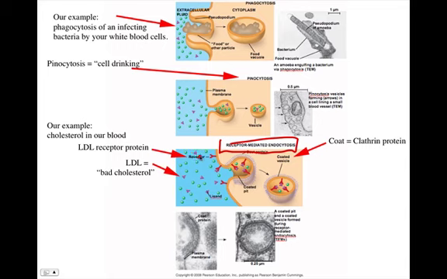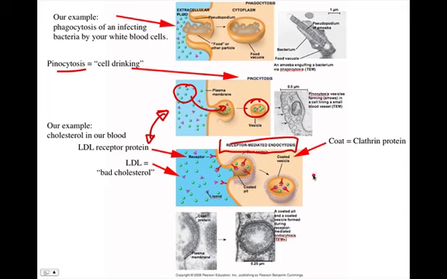It's to be contrasted a little bit with pinocytosis, where pinocytosis is just kind of randomly grabbing stuff out of the extracellular environment and bringing it into the cell. And here we're selectively grabbing stuff out of the extracellular environment, in this case the blood, grabbing some LDL because this cell wants LDL.